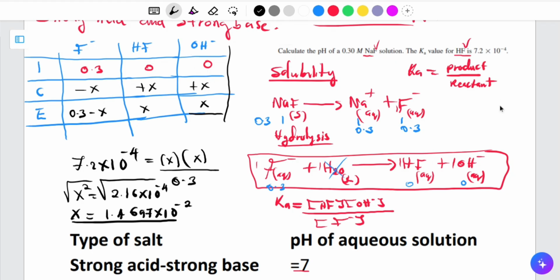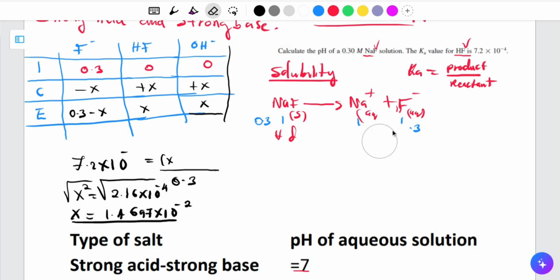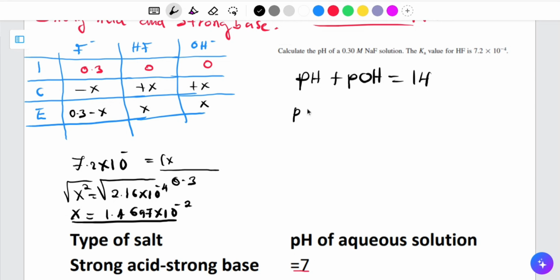So we can easily find the pOH because we have the concentration of hydroxide ion here. Remember, the question is asking us to find the pH, not pOH. So pH plus pOH is equal to 14. Then pOH is equal to negative log of hydroxide ion.